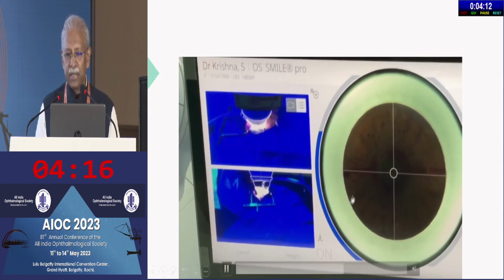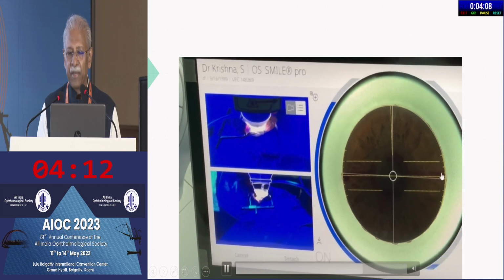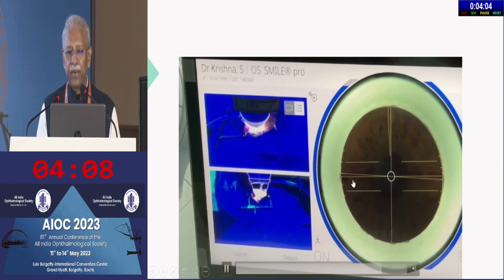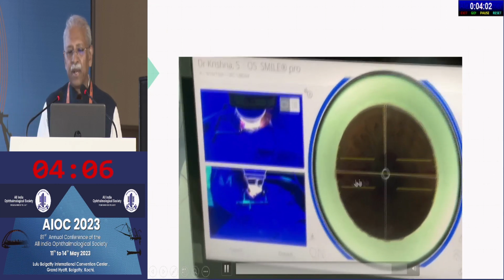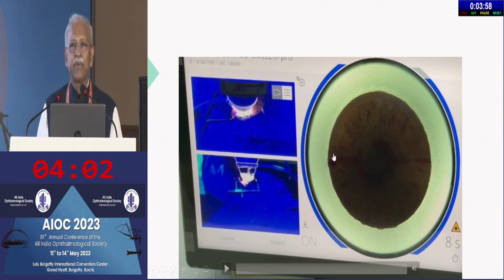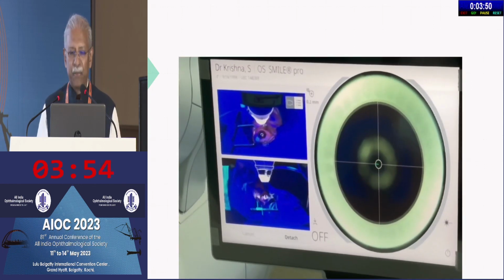This is the mark that is made preoperatively for the 0, 180, and this particular axis was 0, 180. You can turn the optics to make the axis of treatment coincide with the axis of marking that you have done. So you get perfect alignment each time. The time taken now is only 8 seconds here.